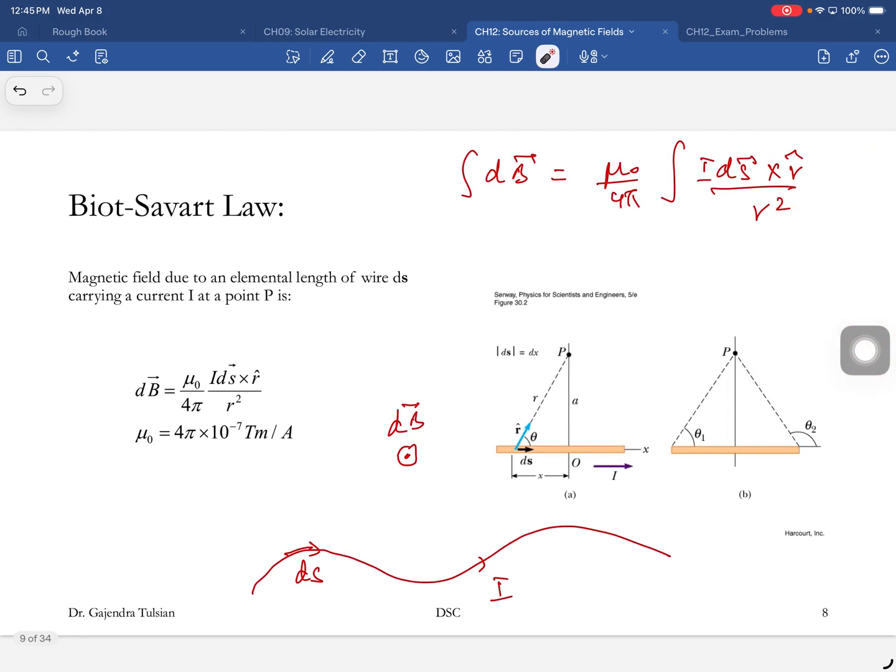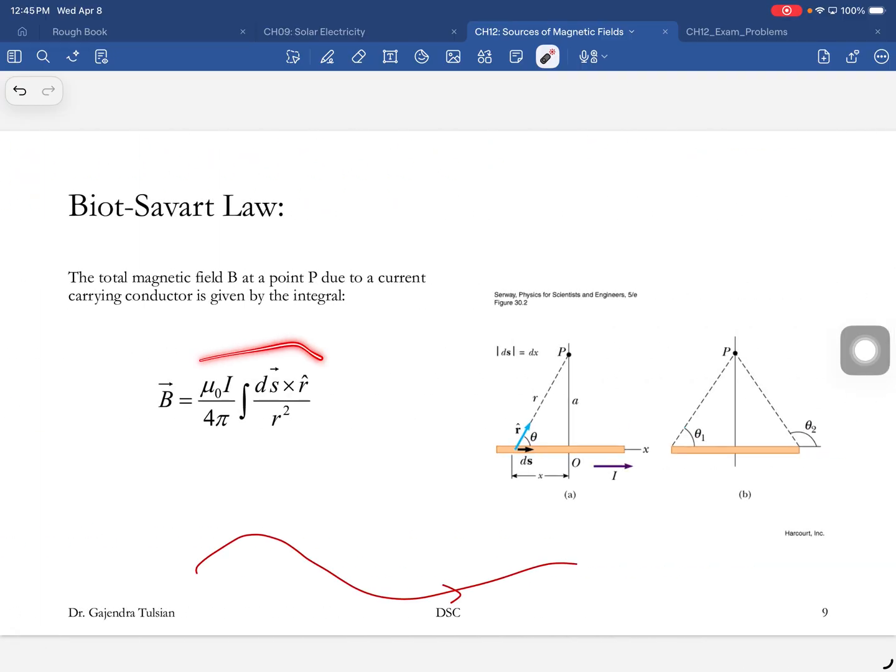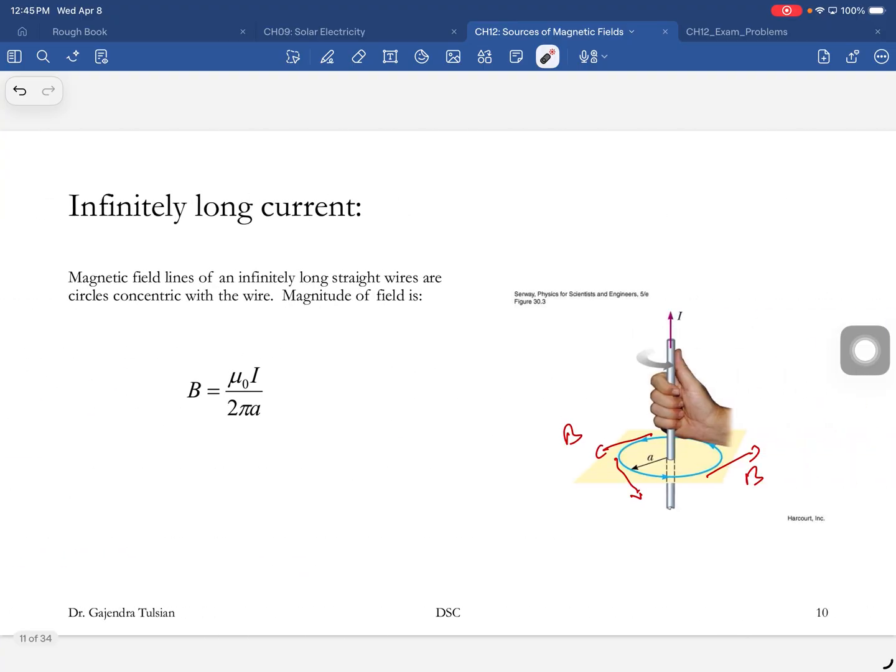And here's the general expression. Like I said, this integral can only be done for symmetric current distributions. And here's a simple case: an infinitely long wire for which the magnetic field is given by that.